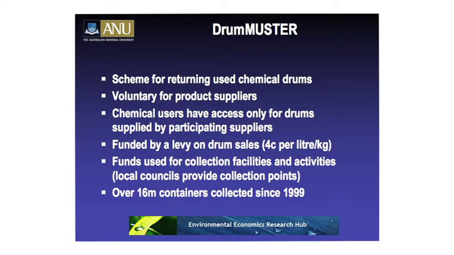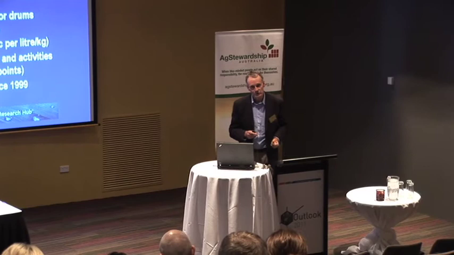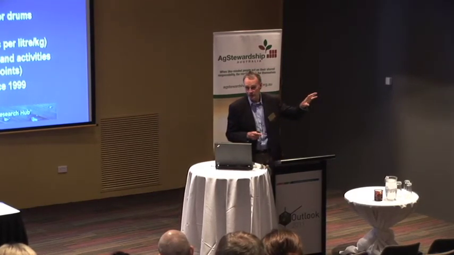Now, what that 4 cents per litre does is to provide a kitty which then funds the collection of those spent drums. So you can go along to a country town and go to the local tip and you'll find the drum muster collection point. So that 4 cents a litre basically funds the collection point.